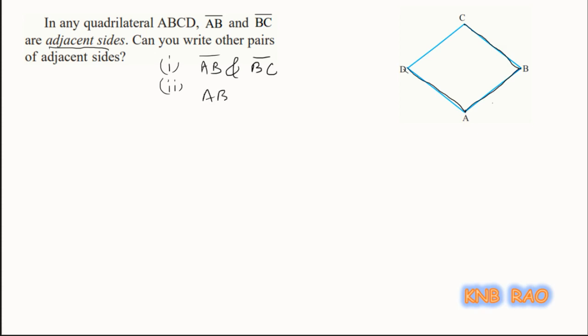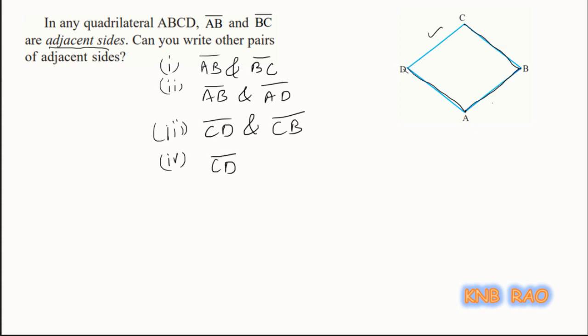Second, AB and AD. Do I have any more? Yes, similarly with CD. For CD, DA is adjacent. For CD, BC is adjacent. So CD and CB is the third pair. The fourth pair is CD and DA.